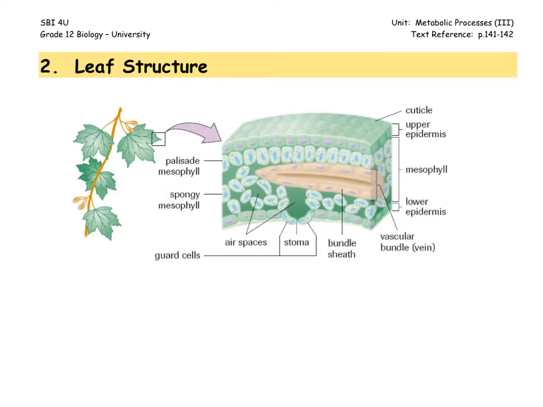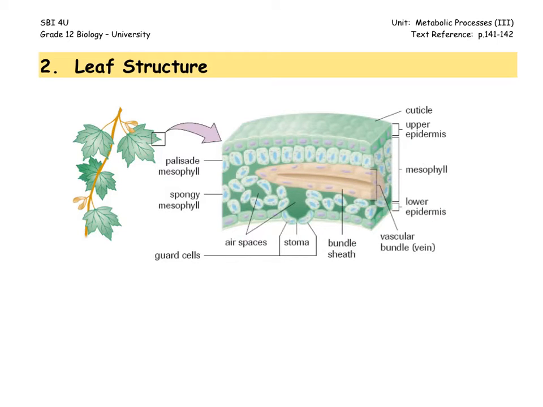You'll remember that for photosynthesis to occur, we need to have carbon dioxide, and when photosynthesis occurs, some oxygen is produced. Those little pockets are going to house those gases, and the structure will allow for that.